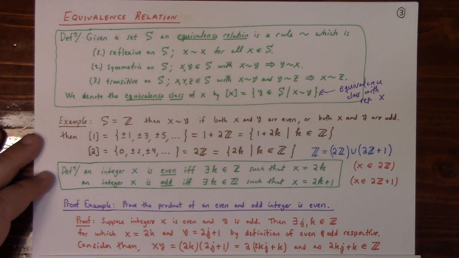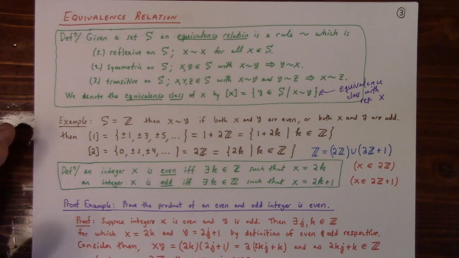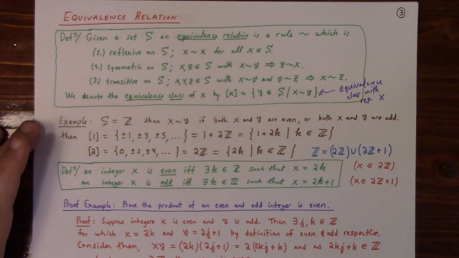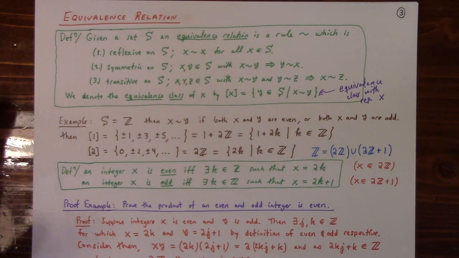Consider then x times y, which is equal to 2k times (2j plus 1). By algebra, factor the 2 out, and we've got 2 times (2kj plus k). But 2kj plus k is an integer, so we find that xy is an element of 2Z because it's twice an integer. Thus, xy is even. And this is just my own personal notation; that means end of proof for me.